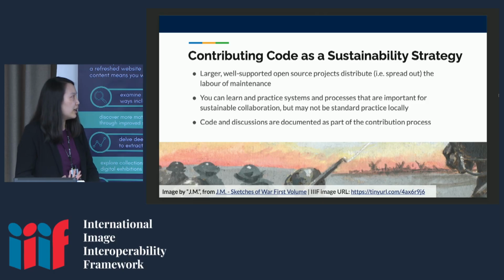So what I mean by that is there are a lot of systems and processes that are important for sustainable collaboration that are implemented in like source repositories like that, which may not be standard practice locally just because we have a small team. And so even basic things like automatic testing, code review haven't been used consistently in the past. Another thing is that documentation, of course, is really important for sustainability. And so if you do that through GitHub, that's already part of the process in terms of doing pull requests and documenting your code.